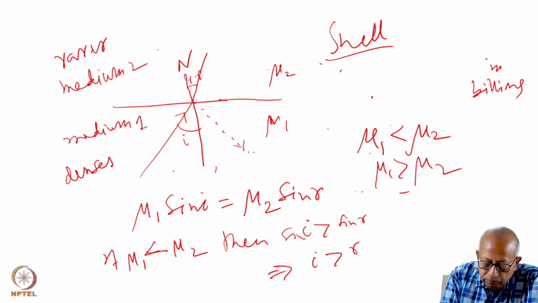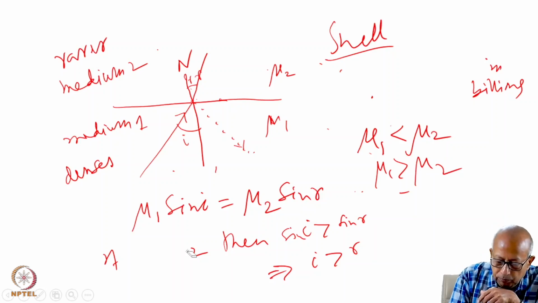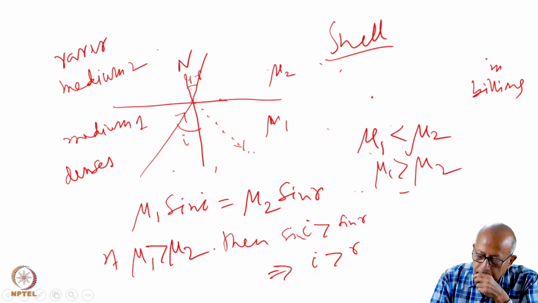So now, if mu1 is more than mu2, then sin I should be less than sin R. Hence, I should be less than R.